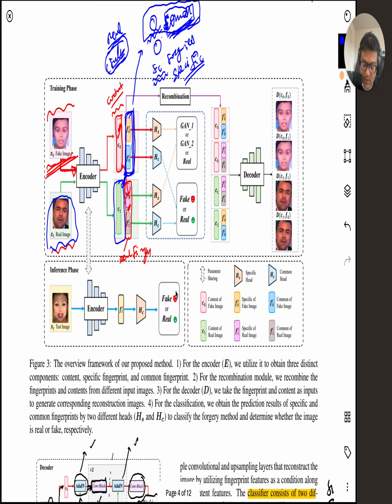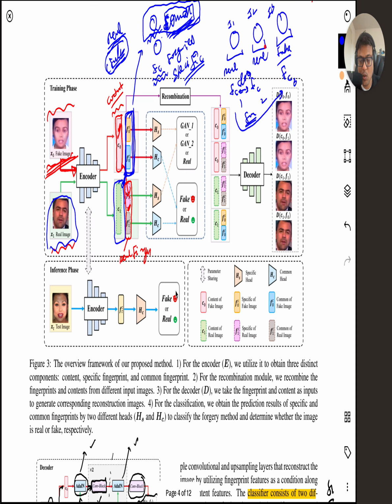Let's say you have image 1 which is real, image 2 which is real, and image 3 which is fake. Then you can compute the common features of these three, FC1, FC2, FC3. So FC1 and FC2 should be close, and FC1 and FC3 should be far. So that is what this whole thing means, and it makes sense, right?